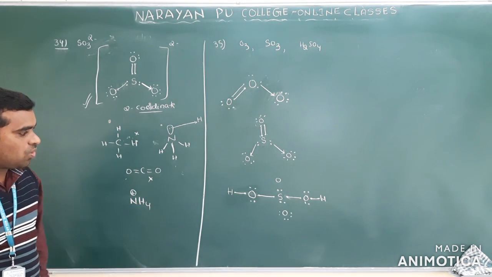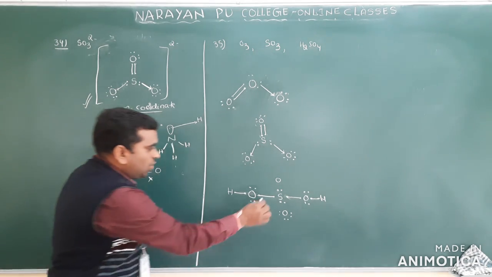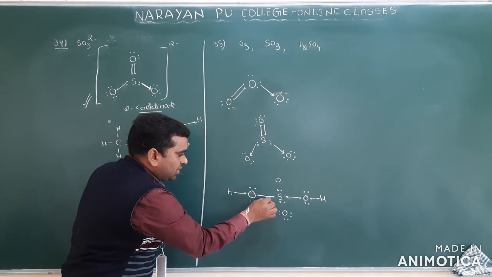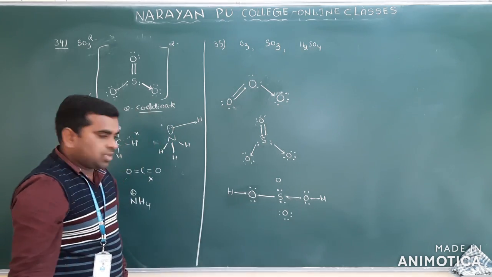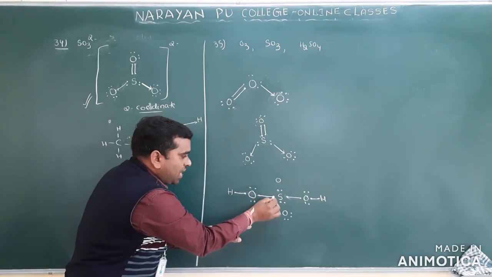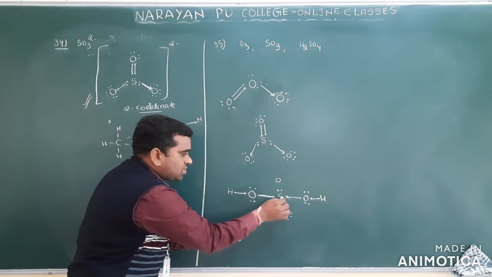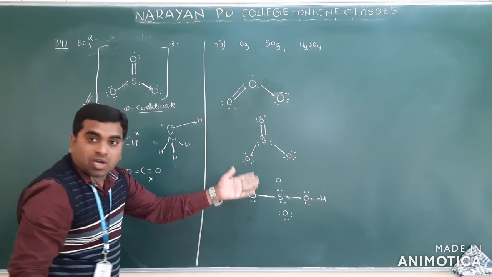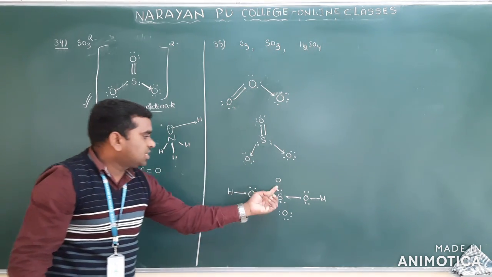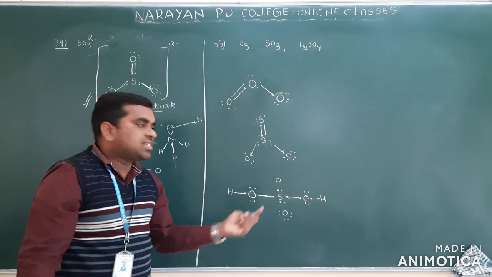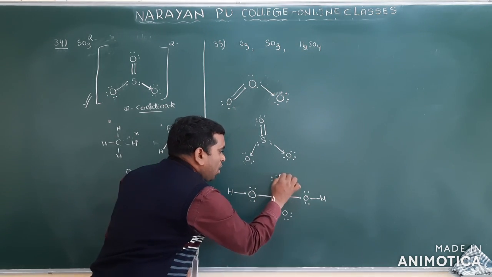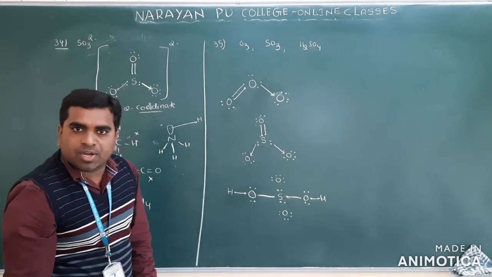Now, around the sulfur how many electrons are there? 1 pair, 2 pair, here 1 pair. Each bond is 2 electrons. Total 8 electrons, so sulfur completes its octet. Then will it form any other covalent bond here?